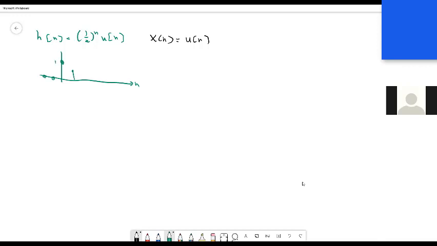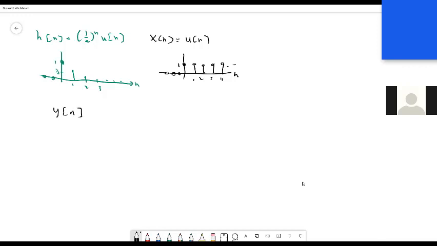Then it keeps halving. It's 1/2 at n equals 1, then 1/4, then 1/8, and so on. And our x of n is a unit step, which we're familiar with. It's 0 for all time prior to n equals 0, then goes to 1, and so on. I'd like to convolve those.